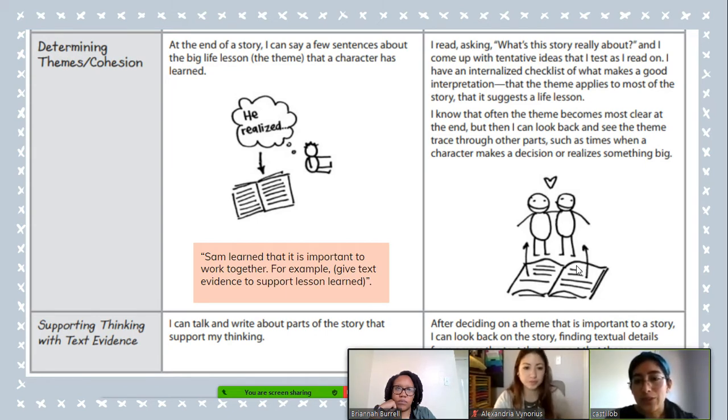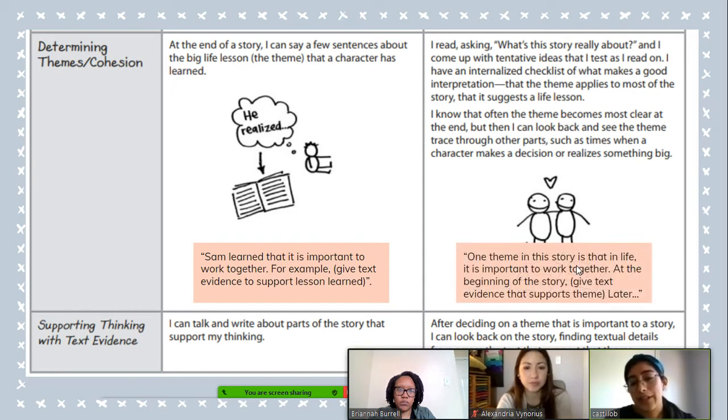By doing this, students are analyzing that the book they're reading has multiple themes or has a theme that is represented in different parts of the book. So something they might write is one theme in this story is that in life it is important to work together, and they will tell you at the beginning and give you evidence for that, at the middle, and then give you evidence for that.